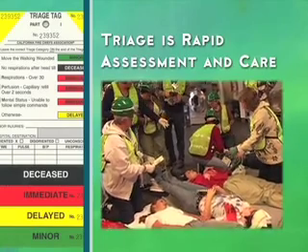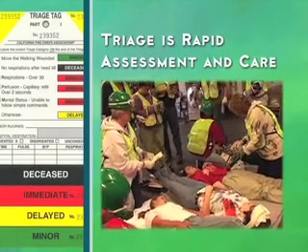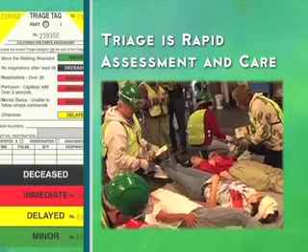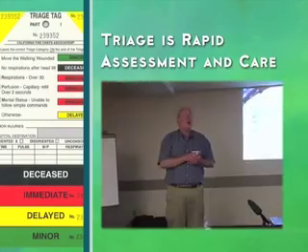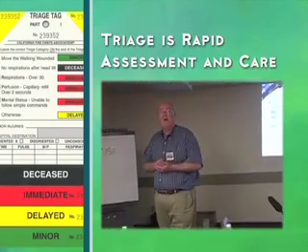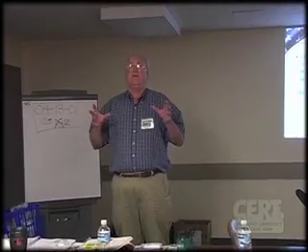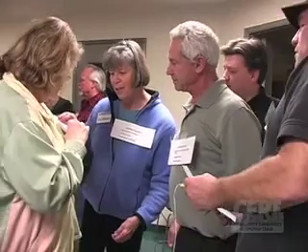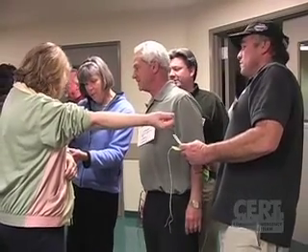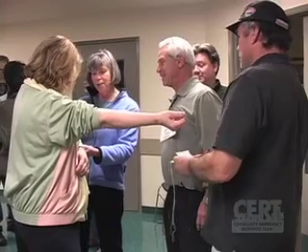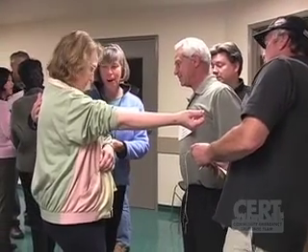During triage, victims are evaluated, sorted by the urgency of the treatment needed, and set up for immediate or delayed treatment. There are 6 scenarios. We're going to go through all 6. Your goal is to, as a team, evaluate the condition that this particular victim is in and determine, looking at the triage card that you have, which category you would place that victim in.